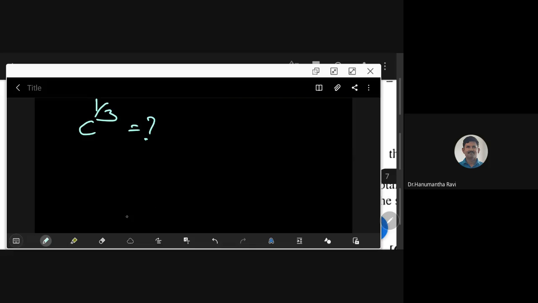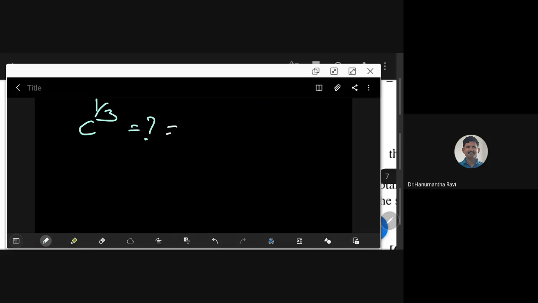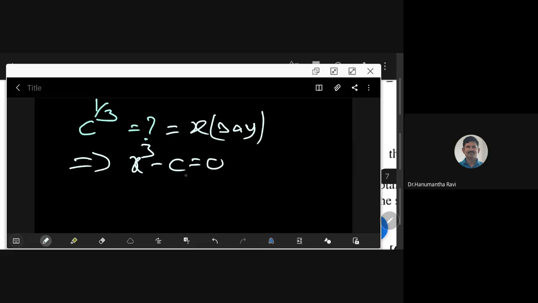So we need to find this approximate root, say x. If that is the case, then we have x cube minus c is equal to 0. So you can treat this as f of x is equal to 0. So our fn becomes naturally xn cube minus c.